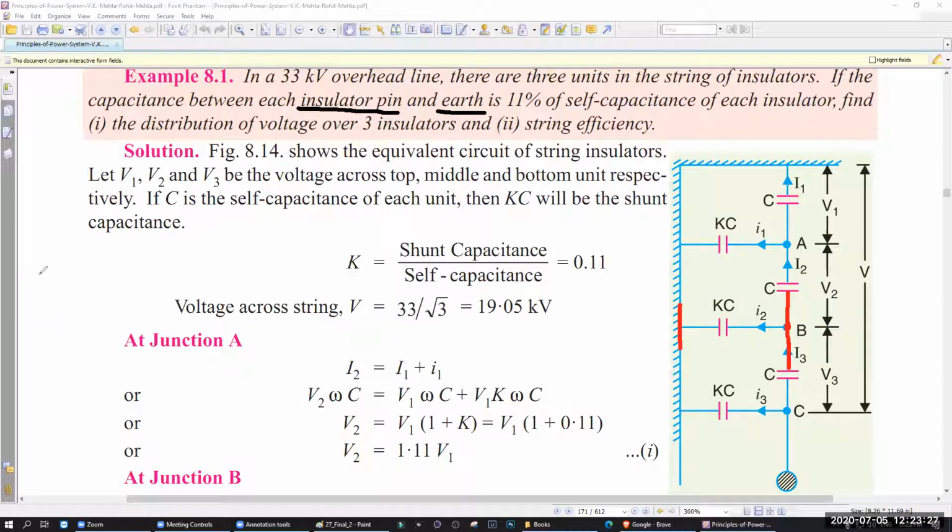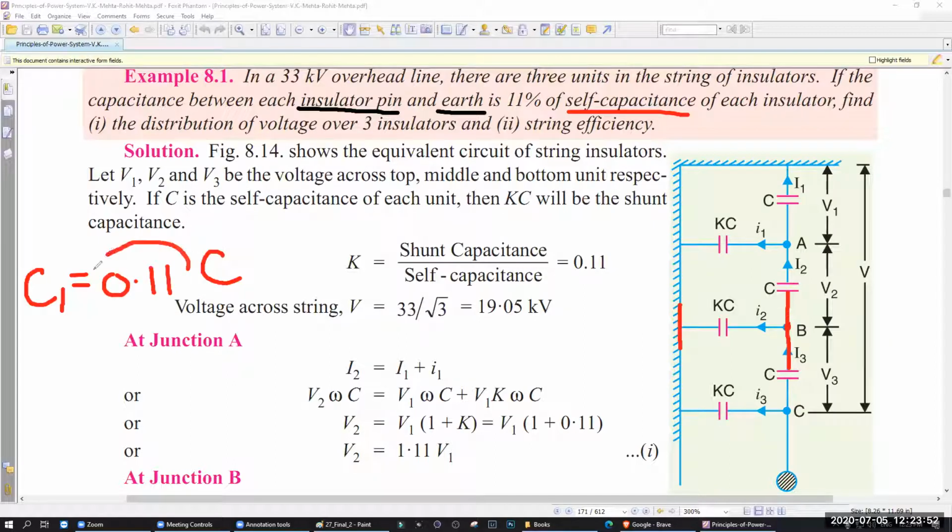So your shunt capacitance, or I can say C1, is equal to 11% of self capacitance. Self capacitance means C. So C1 is equal to 11% of C. What is this 11%? We can write 0.11.